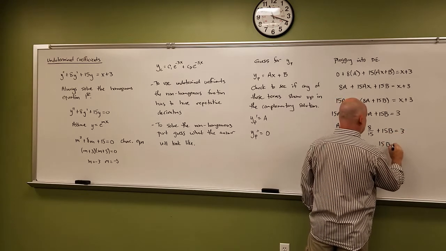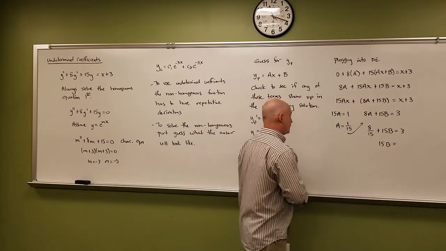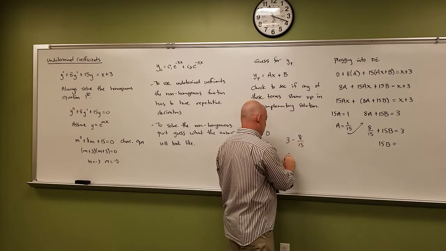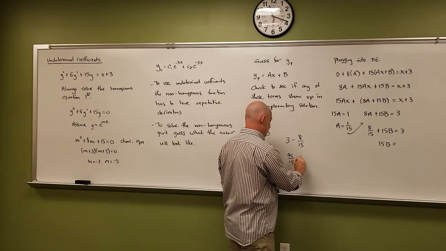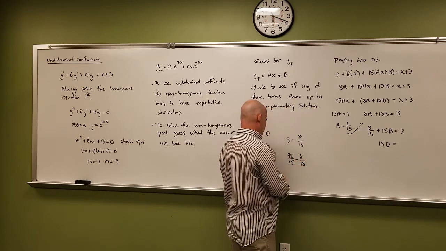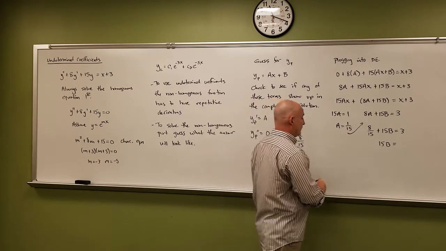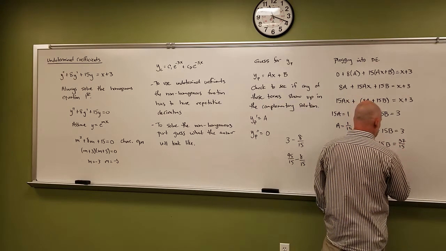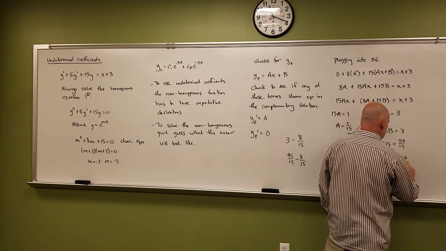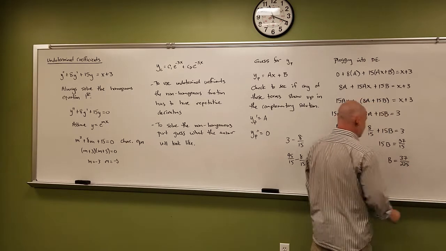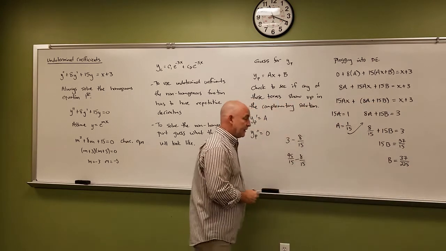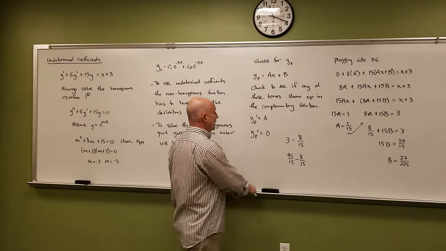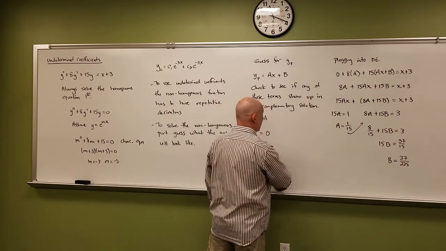So 15b is equal to 3 minus 8/15, so 45/15 minus 8/15, that's 37/15. Divide both sides by 15 and we get 37/225. Let me check my arithmetic on that, I think that's 225. Okay, so now we know what a and b are.